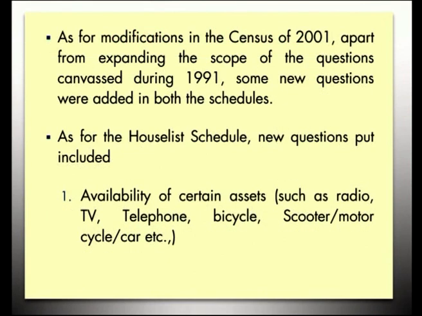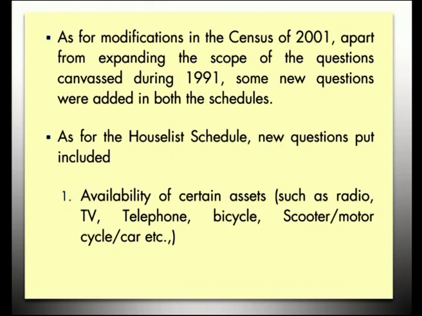Now, as for the modifications in the census of 2001, apart from expanding the scope of the questions canvassed during 1991, some new questions were added in both the schedules, the house list schedule and the household schedule.